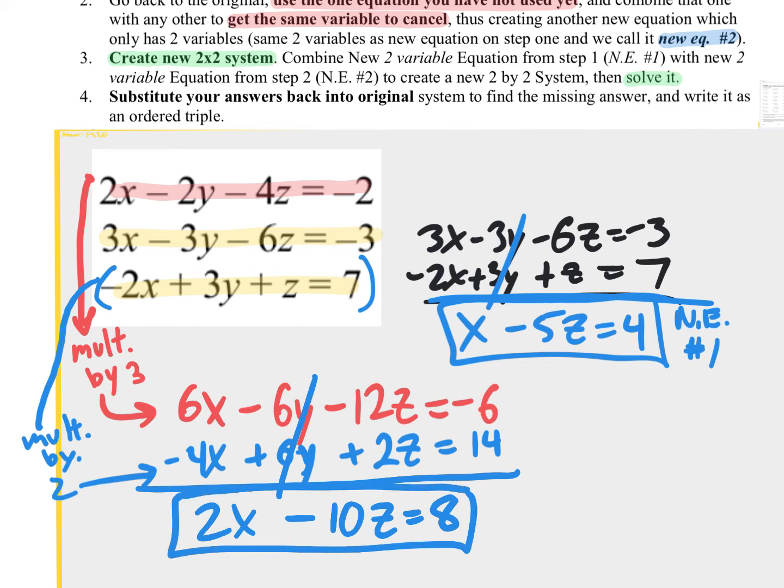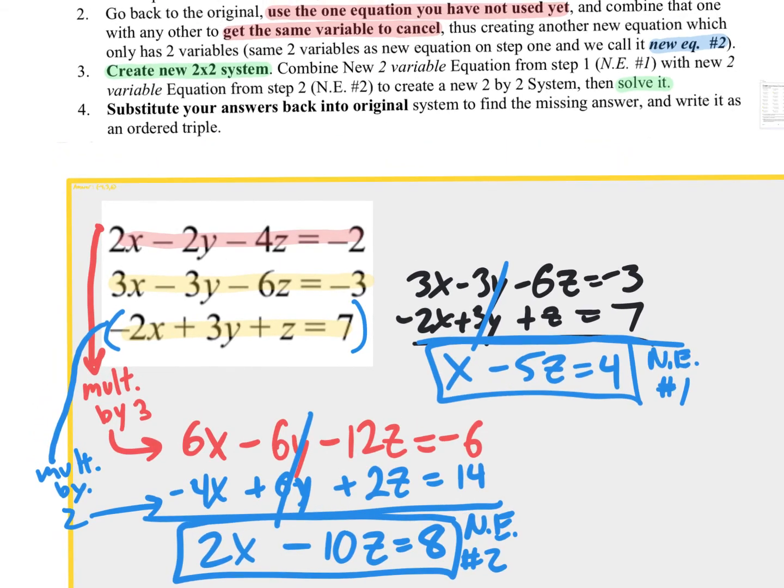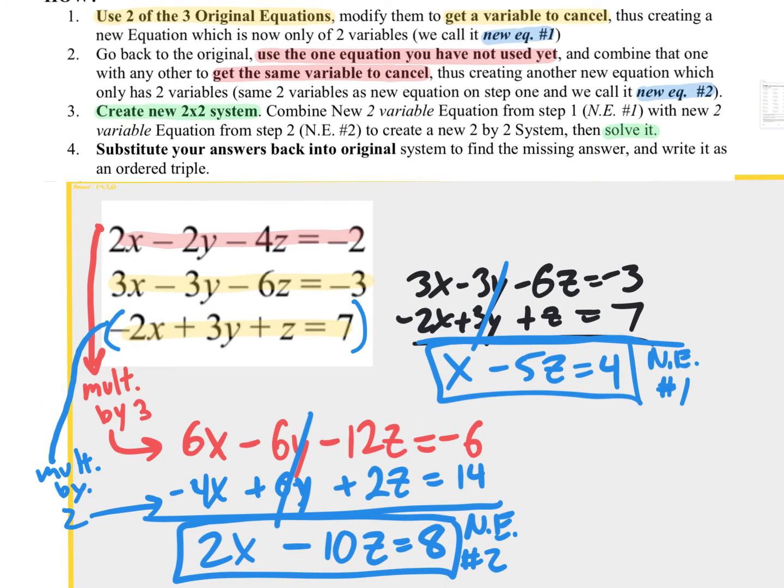Well, maybe I was wrong. Maybe this is a regular problem. It's not a special case problem. New equation number 2. Okay. And our whole purpose of doing that was to get to step 3, which is creating a new 2x2 system that we could all solve using linear combinations method, also known as elimination method.